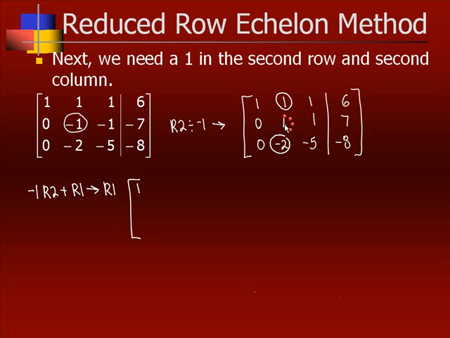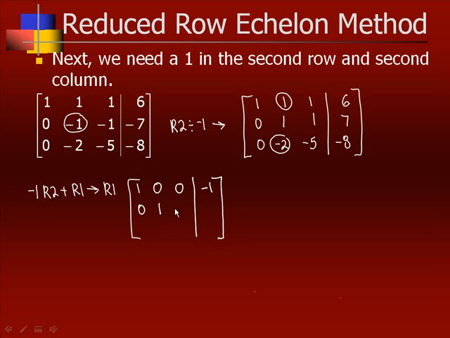Negative 1 times 1 is negative 1, plus 1 is 0. Negative 1 times 1 is negative 1, plus 1 is 0. Negative 1 times this 7 would be negative 7, plus 6 would be negative 1. So that fixed our new row 1.